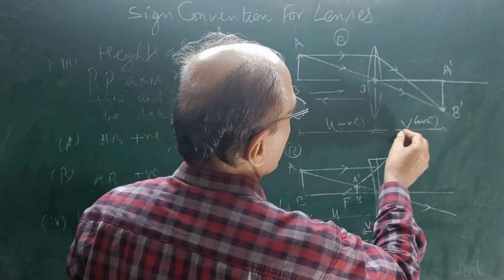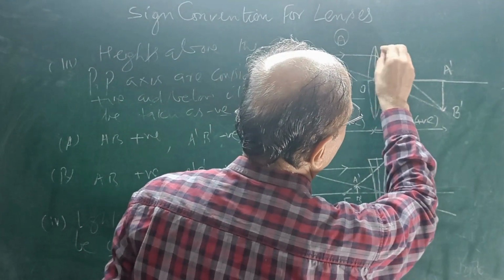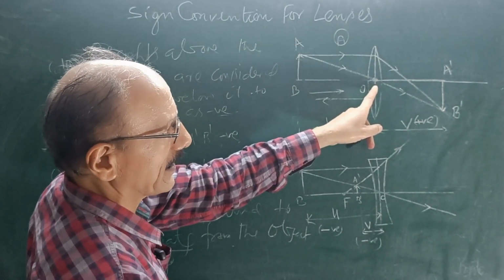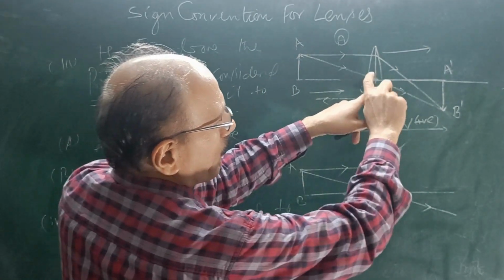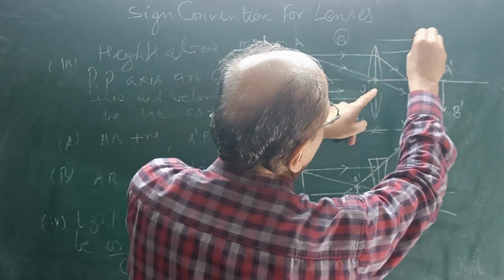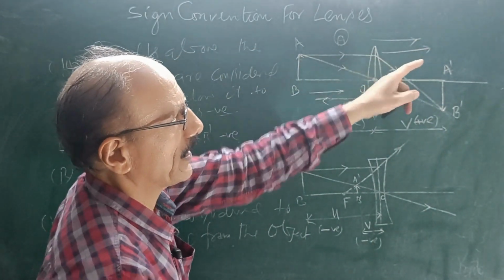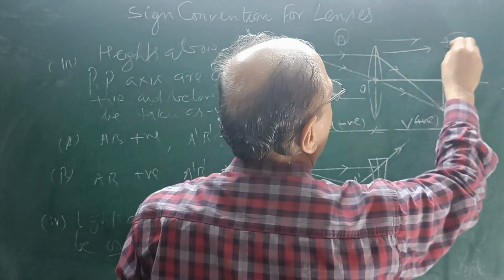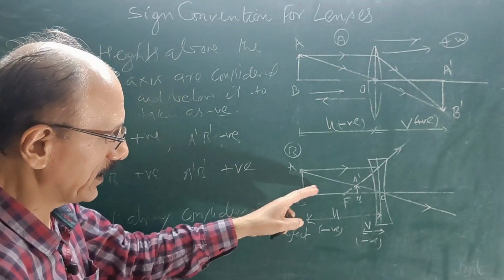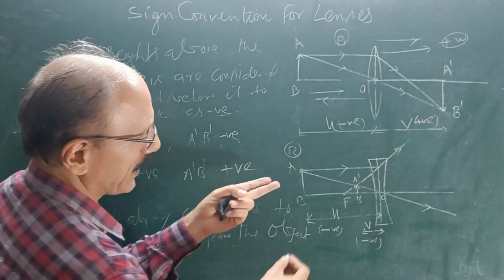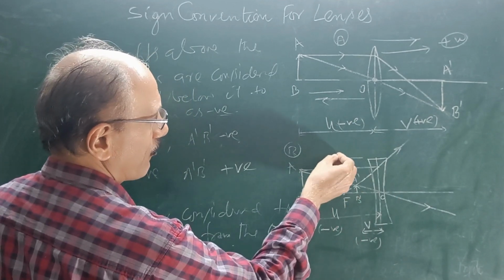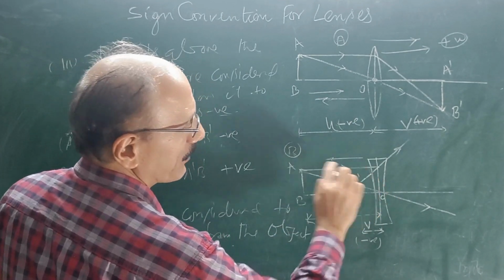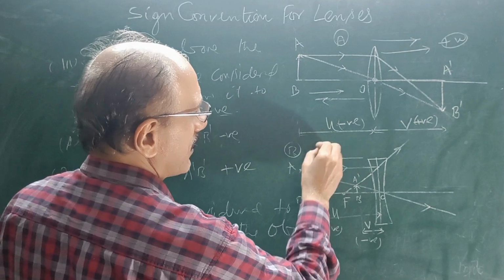So for measuring the distance V, you have to first come to the optical center, then move towards the image. So you are moving this way and the incident light is also coming the same way. So that becomes positive. In this case, U is the same way, from optical center to object. You are moving this way and incident light is moving this way, so it is negative.